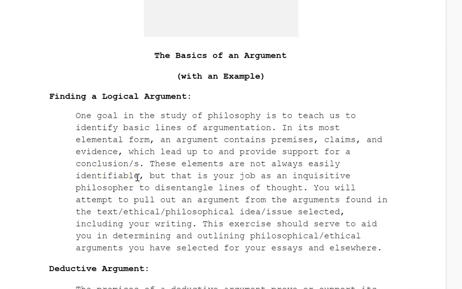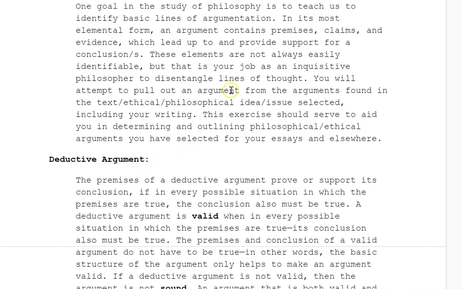So you will attempt to pull out an argument from the arguments found in a text or ethical, philosophical idea selected, or even your own writing. This exercise should aid you in determining and outlining philosophical ethical arguments you have selected for your essays and elsewhere.